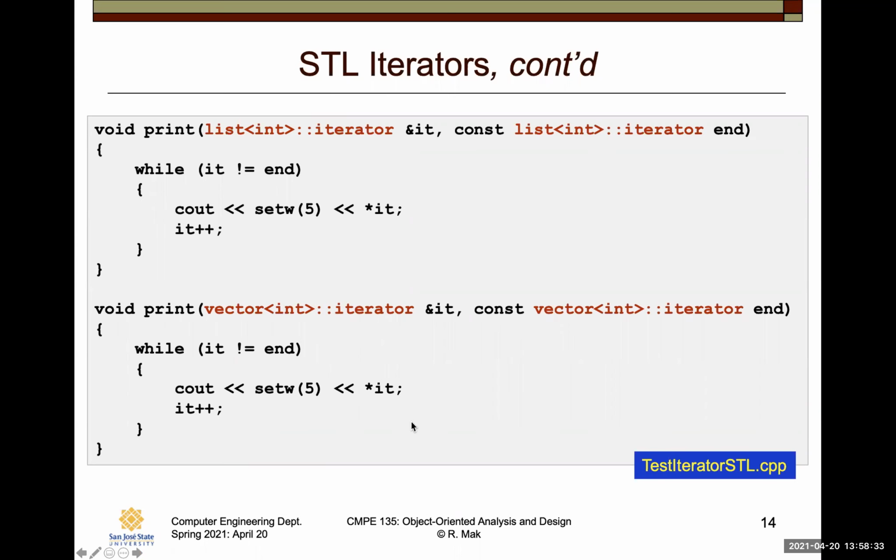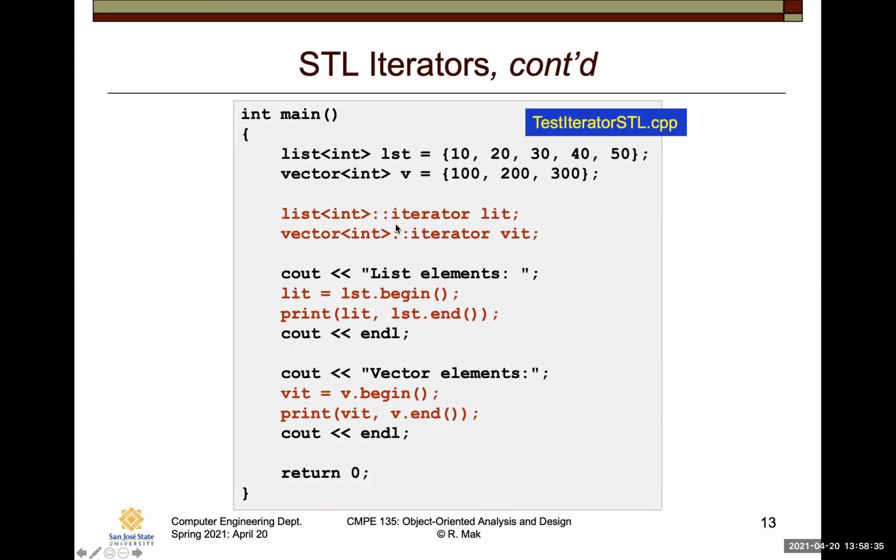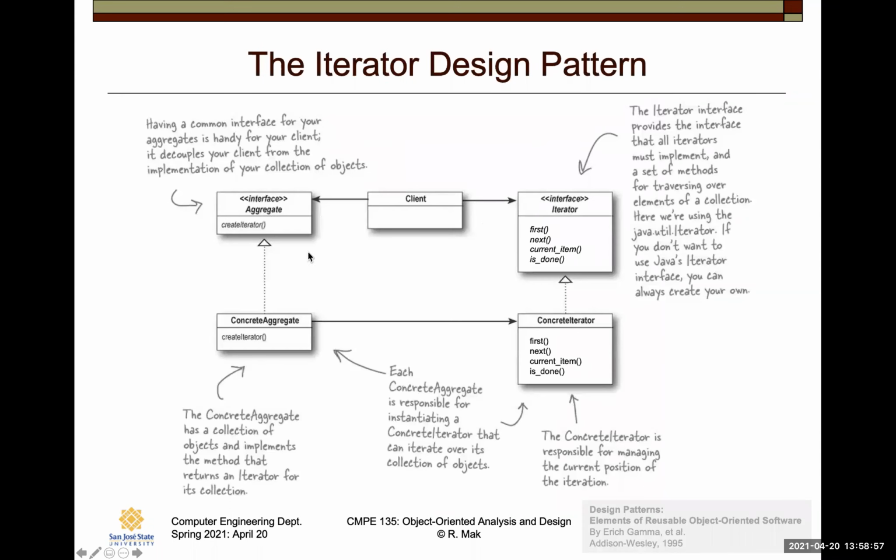And for data structures coming out of the standard template library, like list, vector, map, set, and so forth, you will be able to create an iterator from that class. So the notation here is basically the create iterator from the design pattern, except it's not a function.